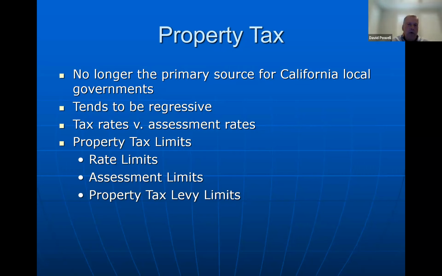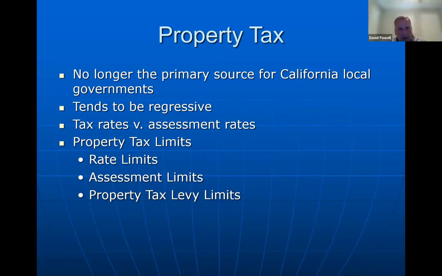So if you want to limit the amount of property tax revenue that a local government can generate, you need to combine a tax rate limitation with an assessment rate limitation. Because you can imagine if you only had a tax rate limitation, so if you only had, say, a 1% limitation on the property tax rate you can charge, but no assessment limitation, then you could just increase the assessed value of the property as high as you want and still generate a lot of property tax revenue.